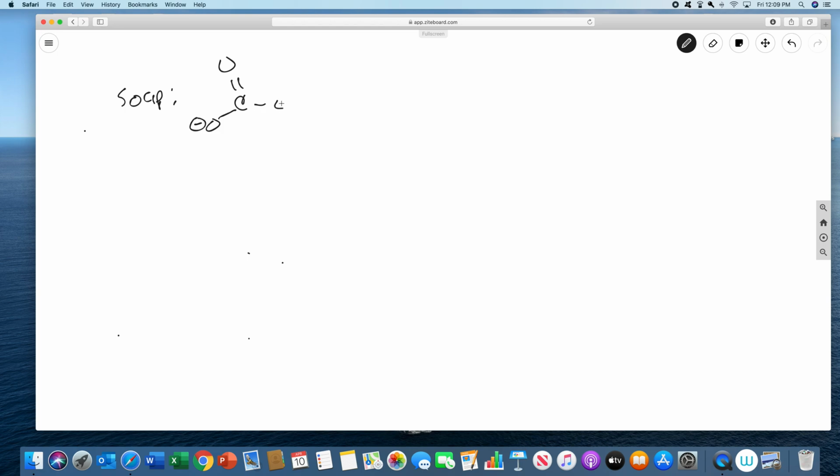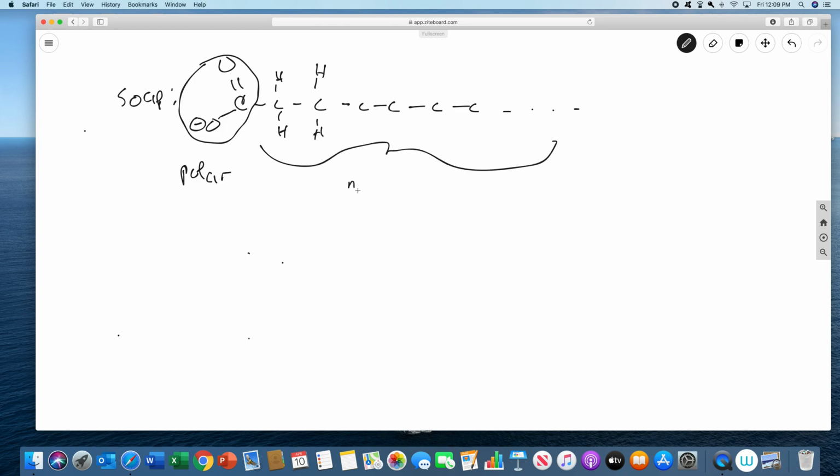Okay, and then there's a bunch of carbons here. I'm going to stop drawing the hydrogens. Just assume there's plenty of hydrogen, and so on. And typically we draw this. Okay, so what's interesting is this part here is very polar. Right, it's even charged. This part of the molecule is nonpolar.